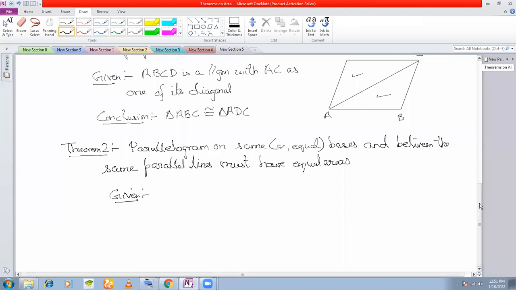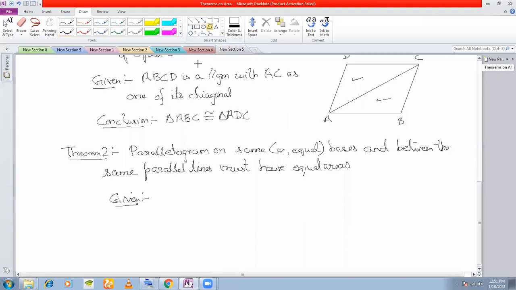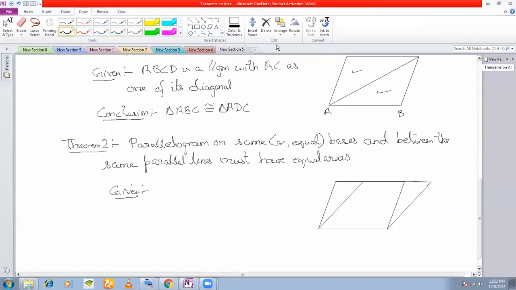Let's say I give you a parallelogram. This is the figure given.